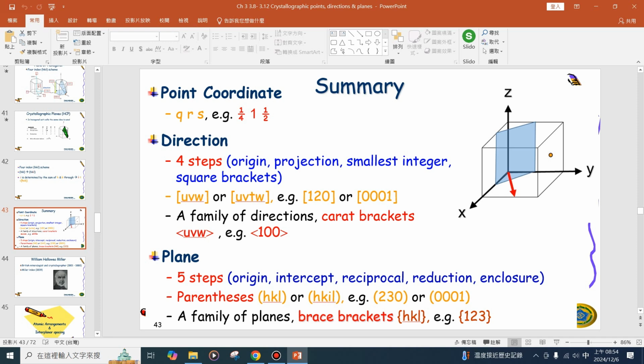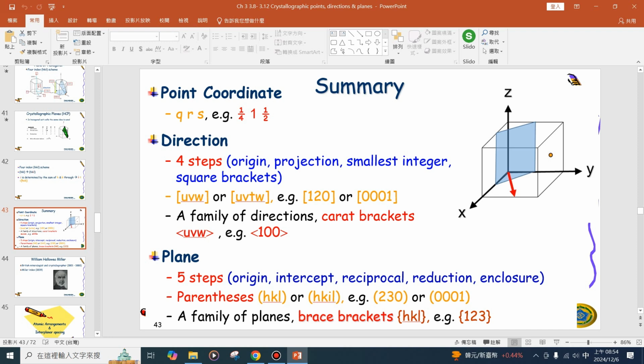And after that, you have to do intercepts. This plane will intercept the x-axis, y-axis, and z-axis. For example, if this plane doesn't pass through any point on the z-axis, that means it's infinite. Okay, so this is the intercept.